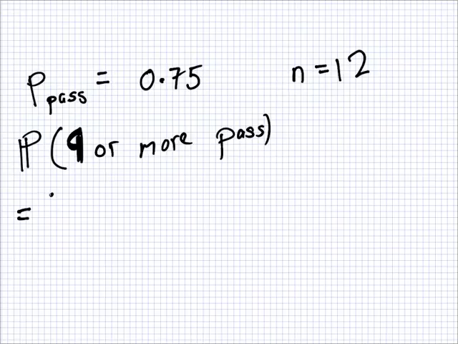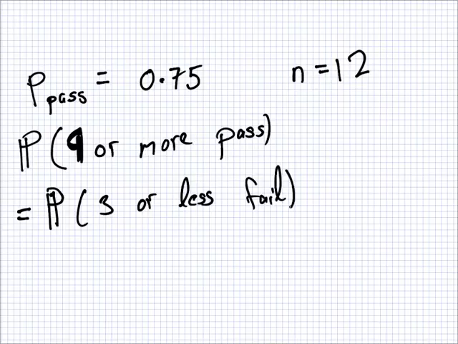We'll do it here. So 9 or more passing. I'm going to change that into statements about failing. So if I want 9 or more to pass, that's 3 or less to fail. And in this situation, I'm thinking about the fail as the success, as the probability.